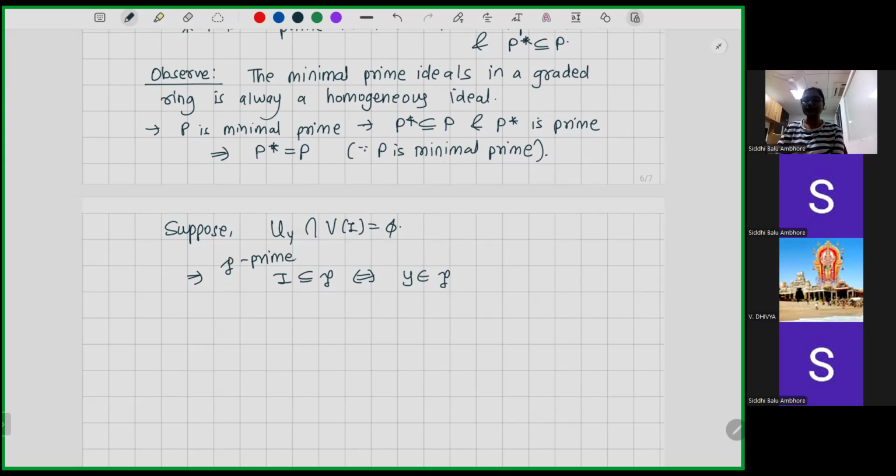Since the intersection is empty, then I won't be contained inside P. So the contrapositive of that statement will hold, which will give me that I is contained in P if and only if Y belongs to P and so on.